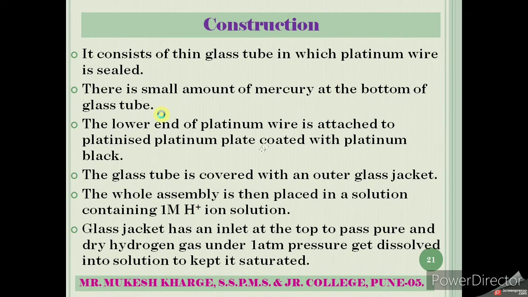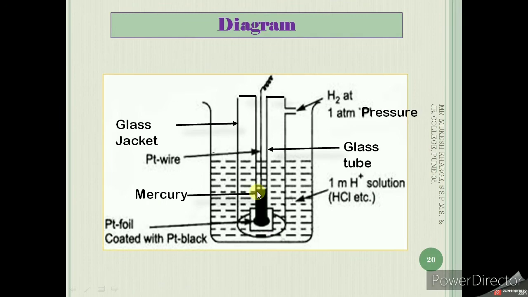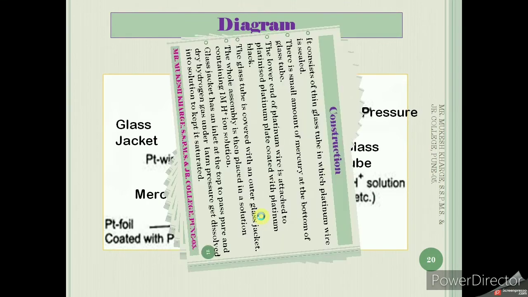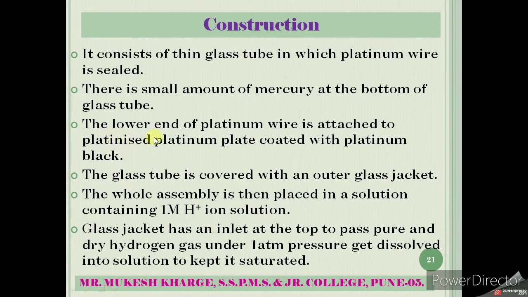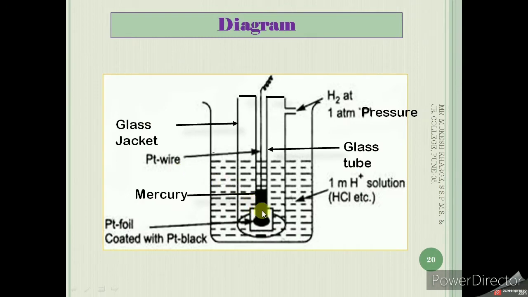You can see here at the bottom the mercury is placed. Then the lower end of the platinum wire is attached to a platinized platinum plate coated with platinum black. Here, platinum foil coated with platinum black.